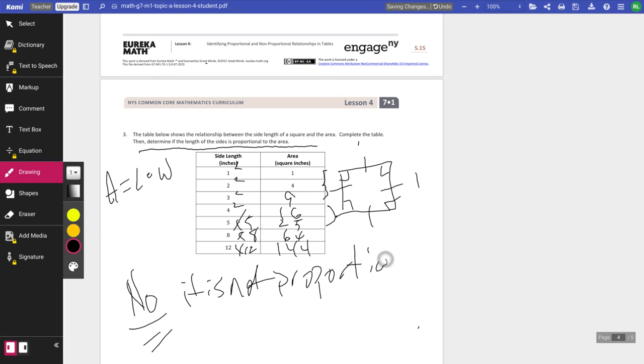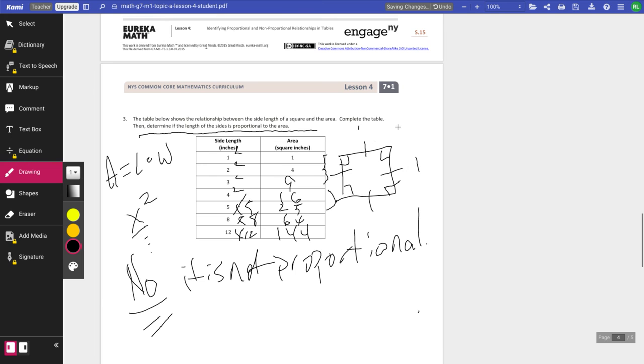Okay, because it's a different rate of change each time. Even though we're squaring the side, if my side is x, even though I'm squaring it each time, every time this changes, it's not the same rate, okay? So that's number 3.